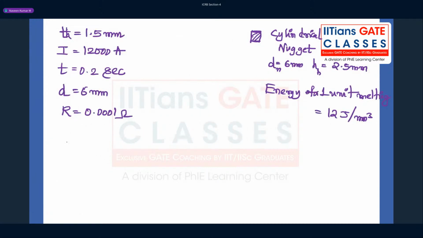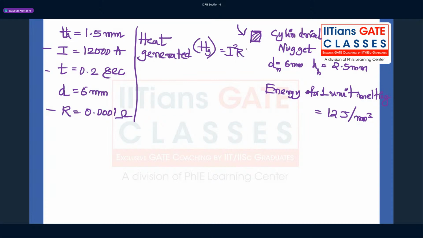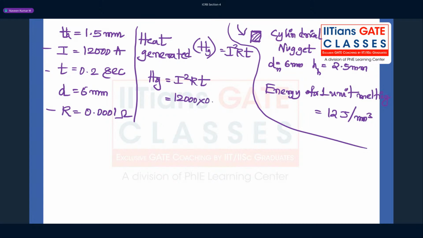I'll write it like this: Hg is equal to I square RT, joule heating. What is I? 12,000. R is 0.0001, and T is 0.2. Simply calculate I square. If we calculate, we'll get 2880 joules.